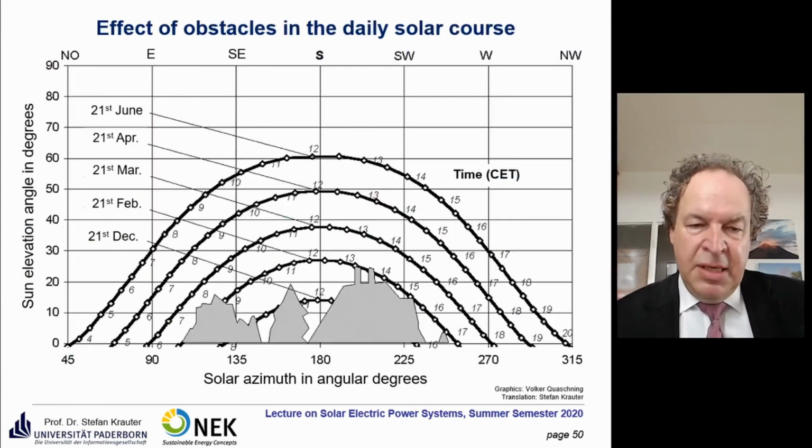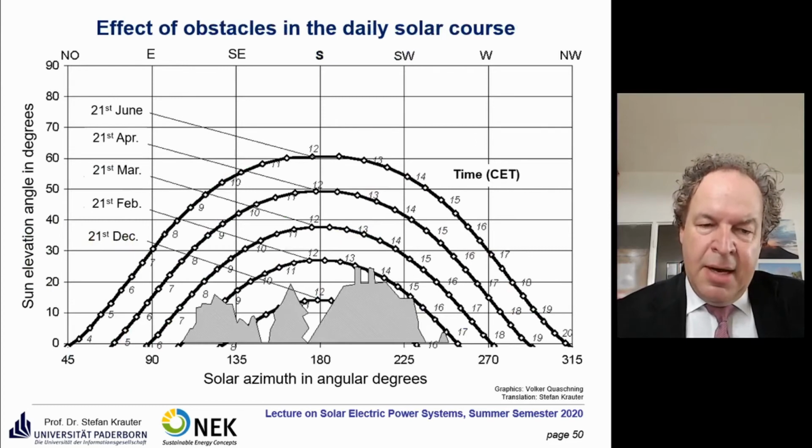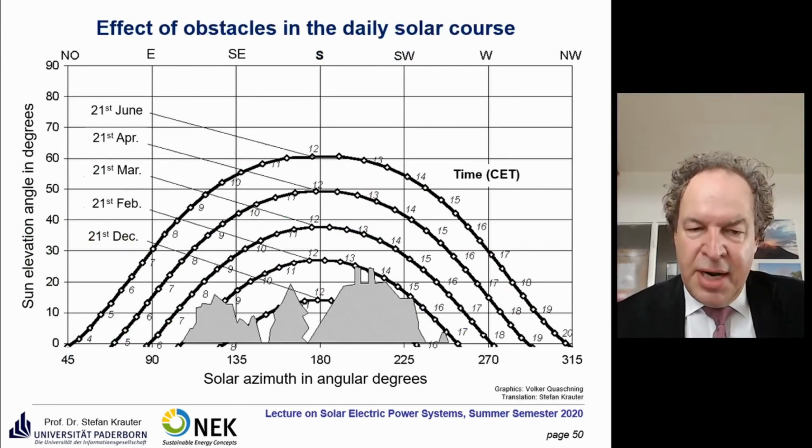And we use our old plot, as you already know, and put those plots together. And there you see the effects of those obstacles. You see, first the good news is there's no effect in March, there's no effect in April, there's no effect in June, so the sun is much higher than that.